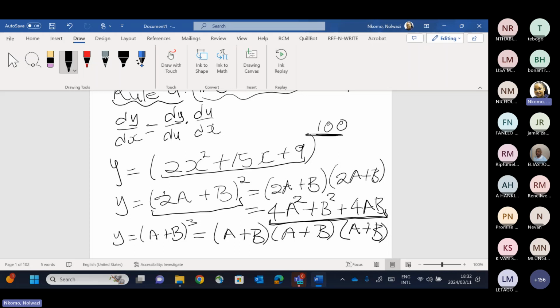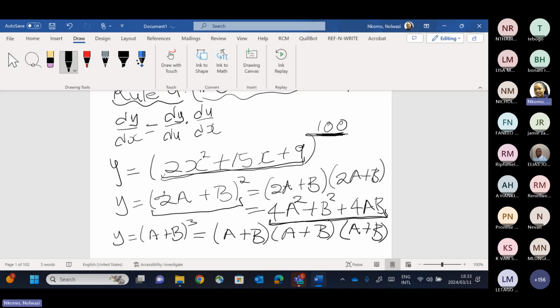But now, what if you have a bigger number? Are you going to multiply these brackets? Are you going to have 100 brackets to multiply, and then you simplify, and then you do the differentiation?